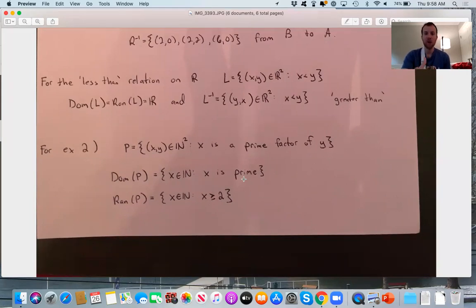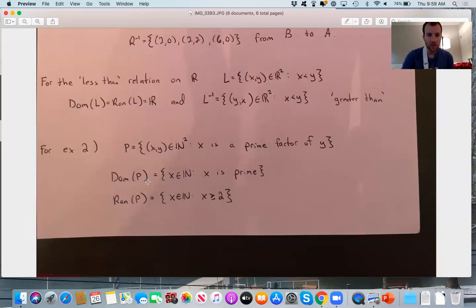So given any prime number, 2 or 5 or 31, those all appear as first coordinates because 2, 2 is in here. 2 is a prime factor of 2, so 2 appears as the first coordinate, and so it shows up in the domain.